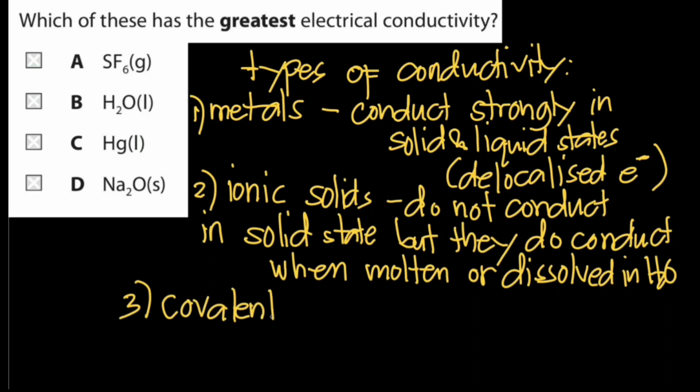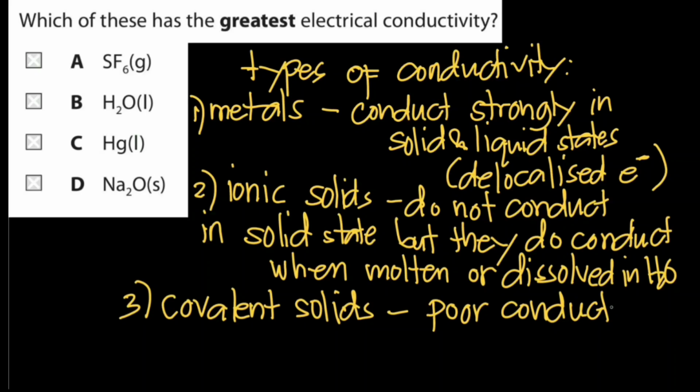Covalent solids are poor conductors of electricity, except graphite. Now that we know the types of conductivity, let's analyze each of the options here from A to D, whether they are metals, ionic solids, or covalent solids.